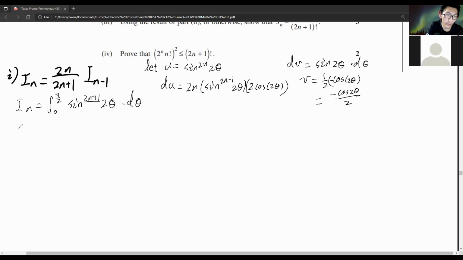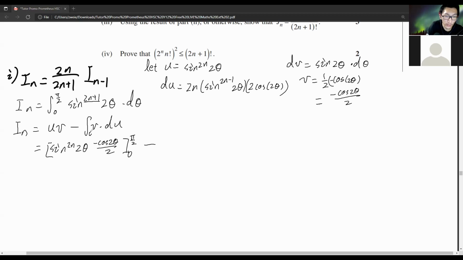Now the last thing is my I_n is going to fill in with the uv formula, uv minus the integral of v times du. What we get is sine to the power 2n of 2 theta times negative cos 2 theta on 2, remember from 0 to pi on 2, it is definite.